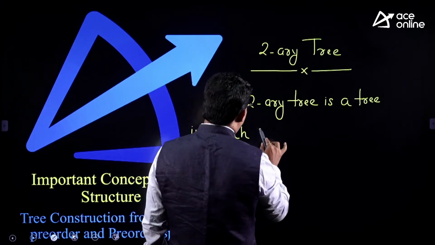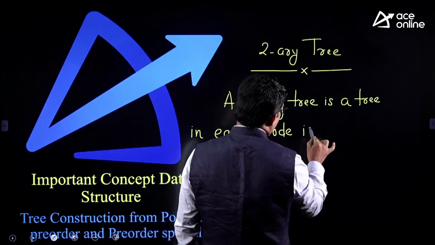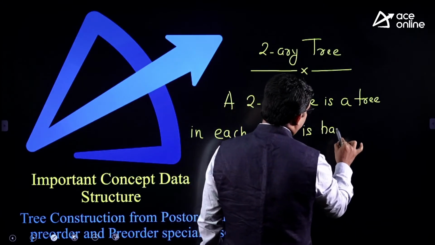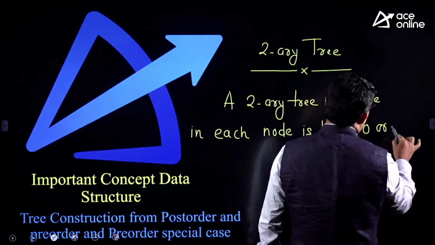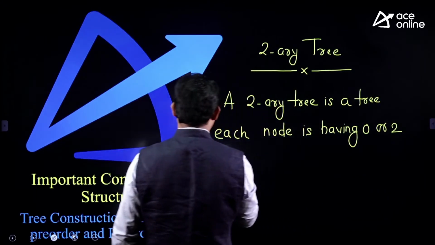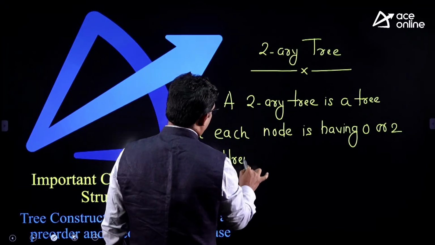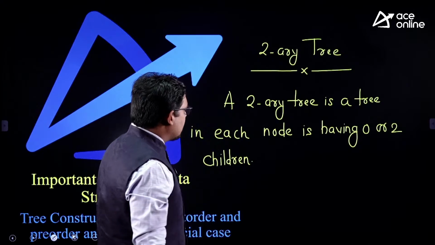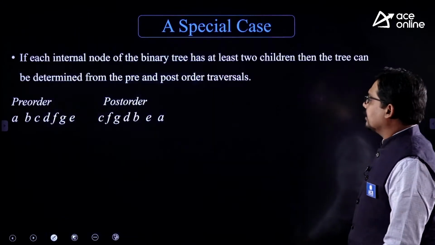Each node has 0 children or 2 children. That is the two-array tree in this case.